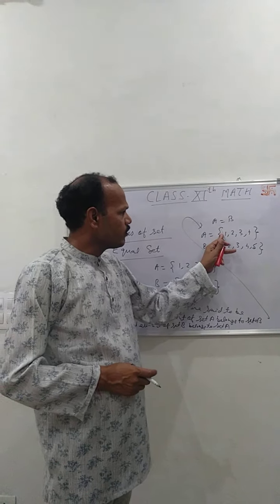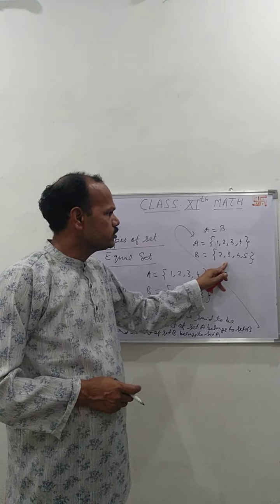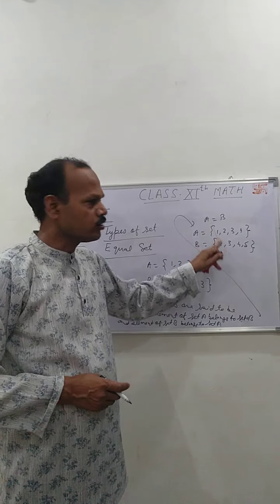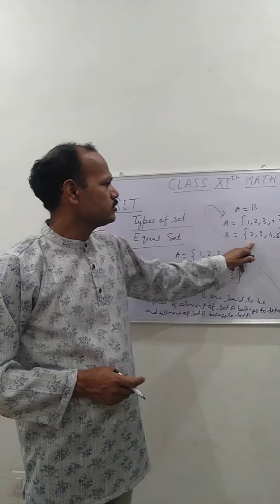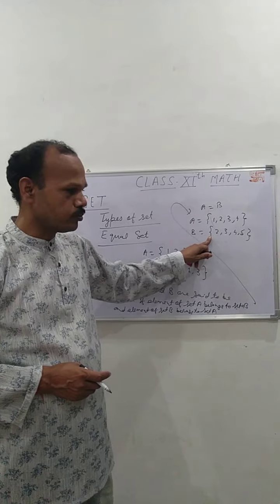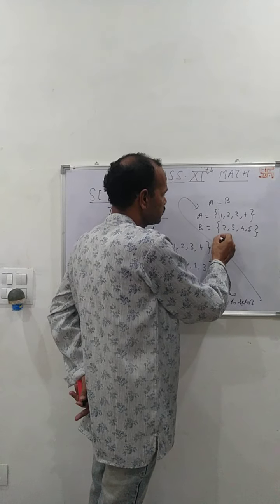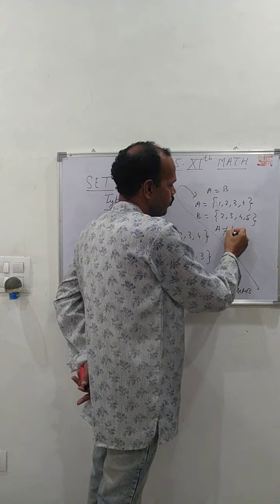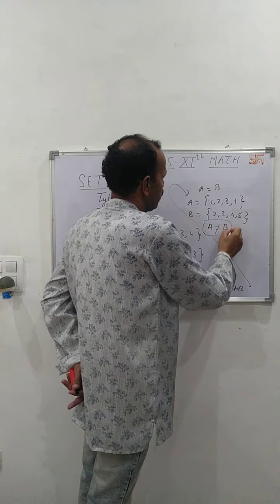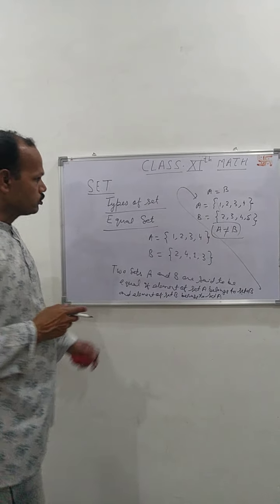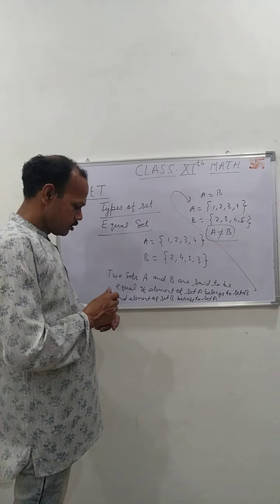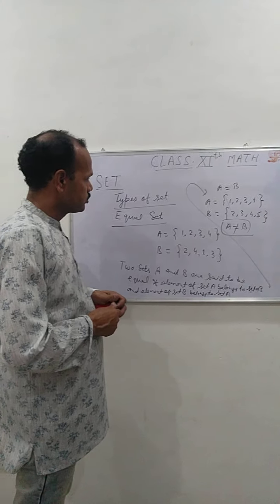Because all elements of set A do not belong to B, and the elements of set B also do not belong to A. So these two sets are not equal. This is the fundamental theory related to the types of sets.